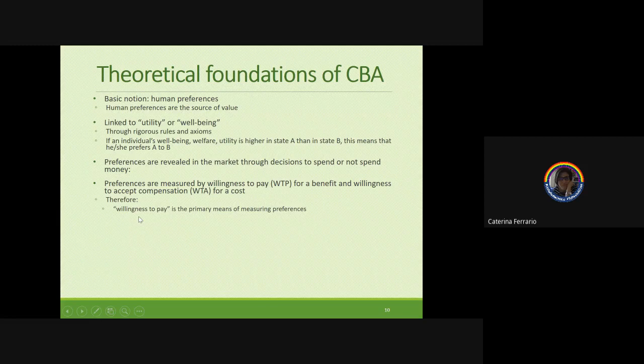So willingness to pay is the primary means for measuring preferences, and money is the measuring rod to aggregate preferences, because once we have a common rod to measure preferences, that's money, then we can add up preferences of different individuals or preferences of the same individuals for different situations.